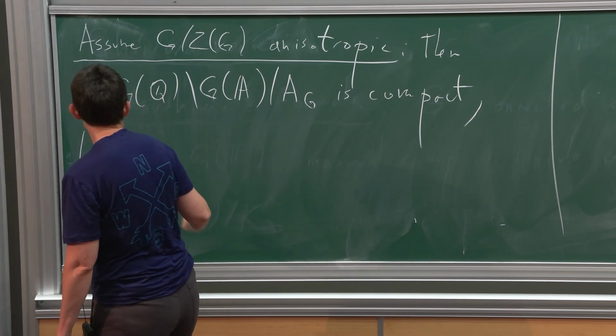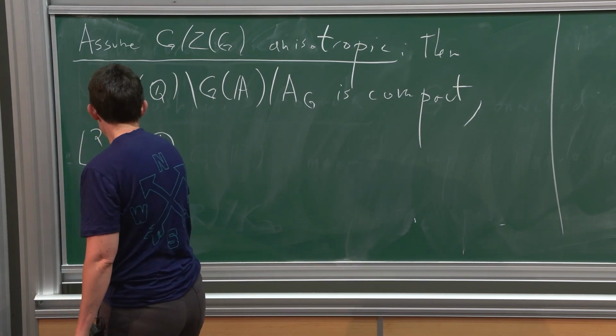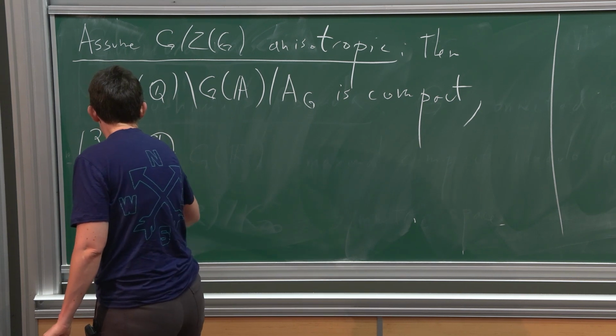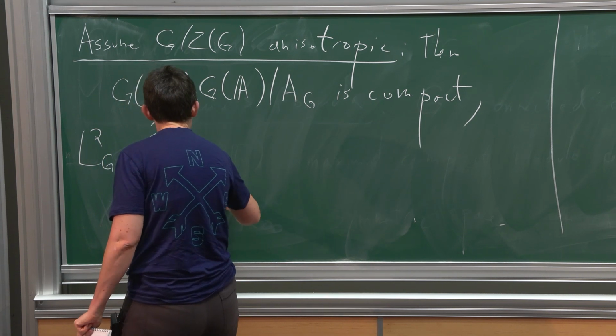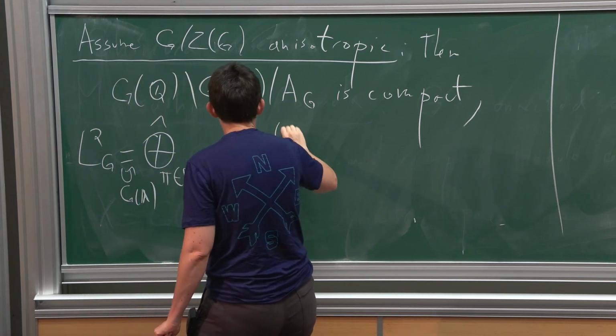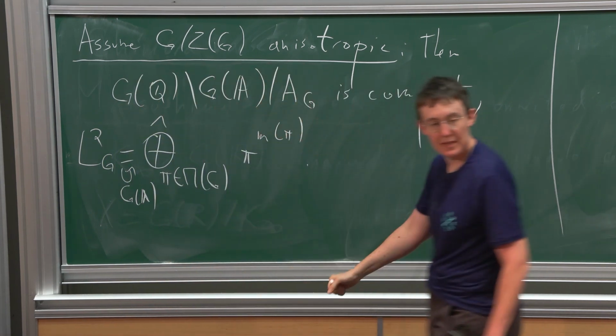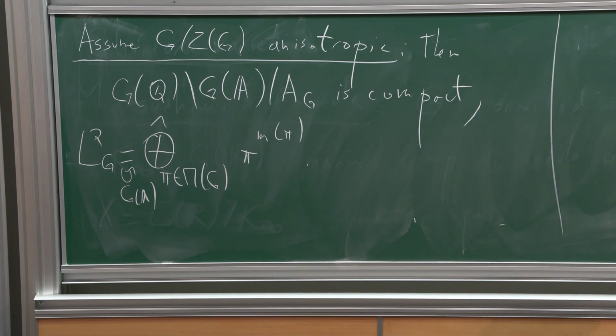So L2 of G, as a representation of G of A, decomposes into a Hilbert sum over all pi in Pi_G of pi, appearing with multiplicity m(pi). Okay, so all these automorphic representations are also cuspidal, of course, because there are no parabolics.